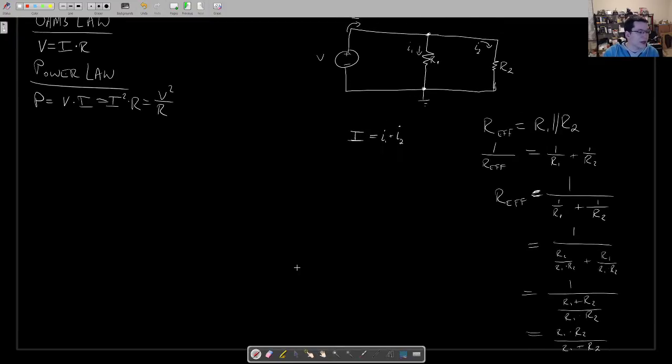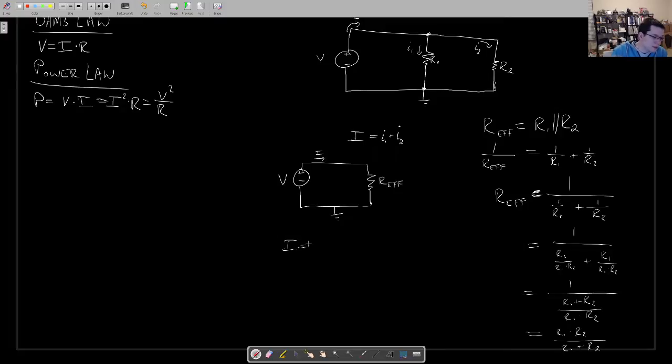So now we can come over here and say, okay, we have voltage with some current and some effective resistance that we can get as a result of combining those. And this R effective is equal to that guy. So then we can do the same thing.